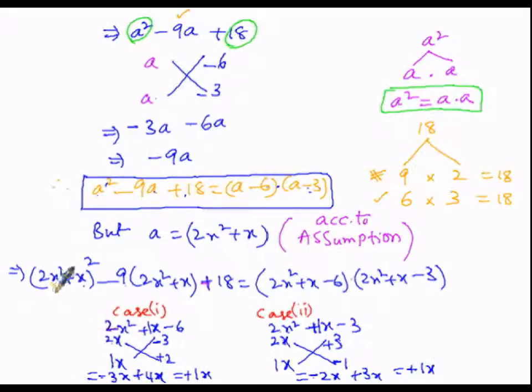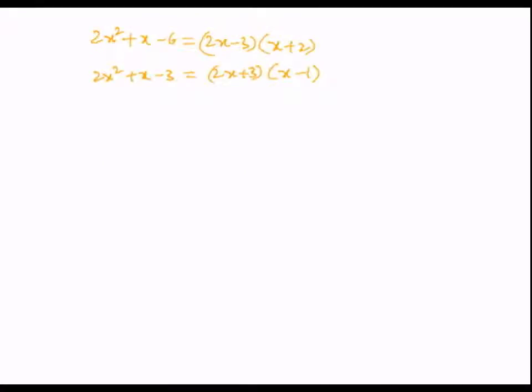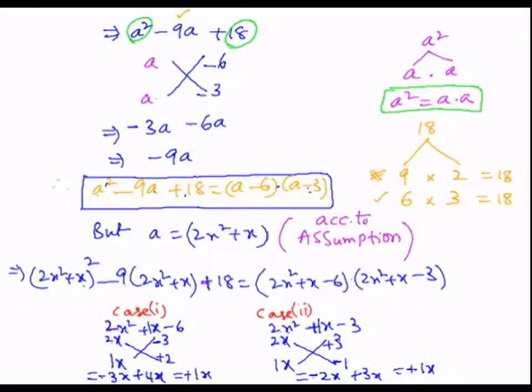2x square plus x whole square, minus, as per the problem, 9 into 2x square plus x, then plus 18 equals 2x square plus x minus 6 as the first factor, and the second factor is 2x square plus x minus 3.